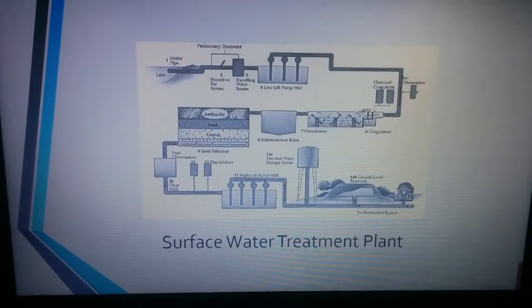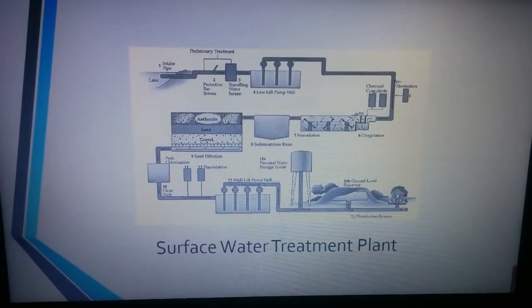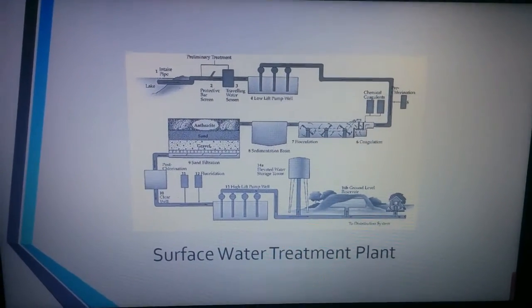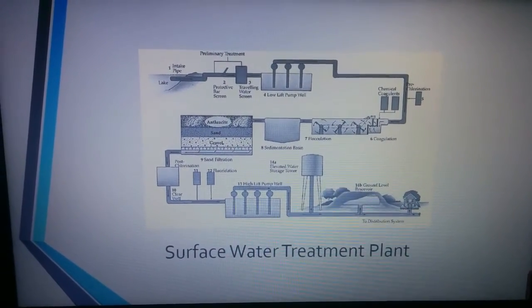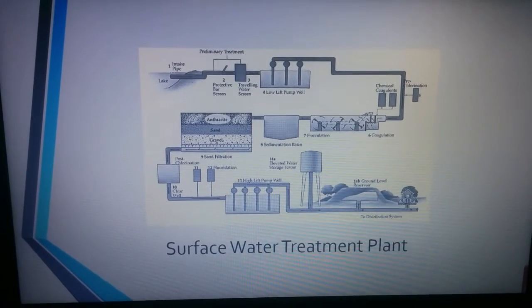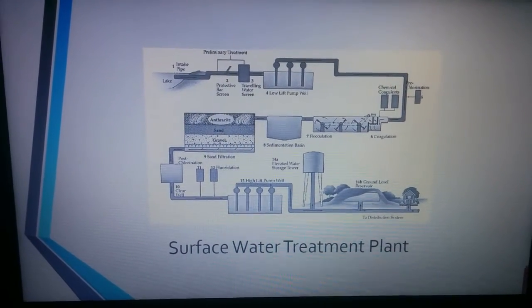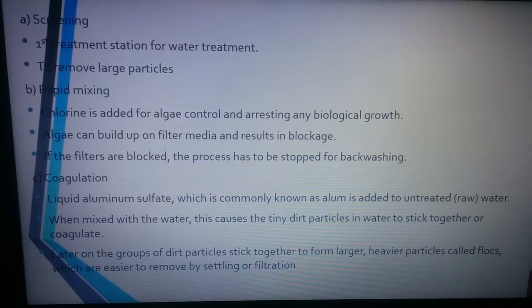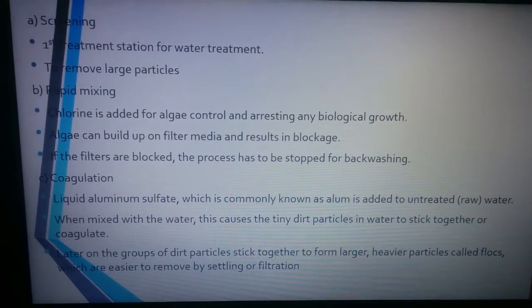Let's look at something more industrial-like. It's basically the same thing you just saw two minutes ago, but this is more industrial, where we can actually see how the equipment looks and how it relates to one another. So let's go to the first part, which is screening.